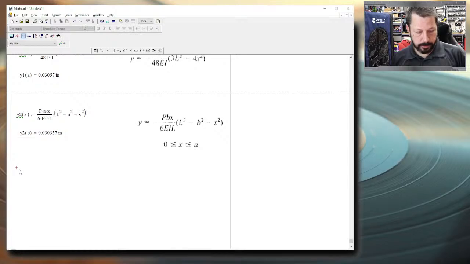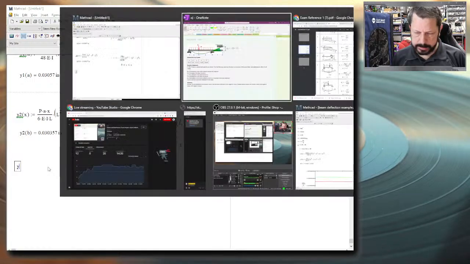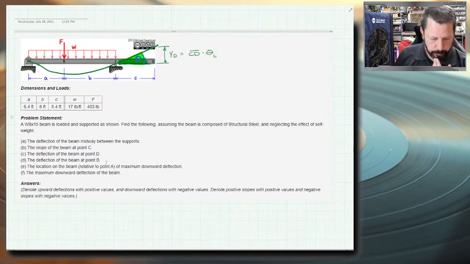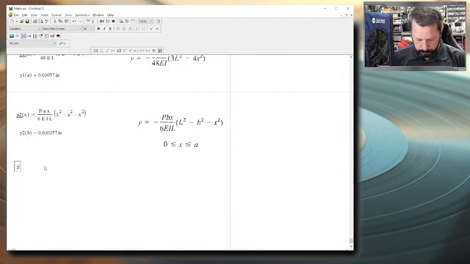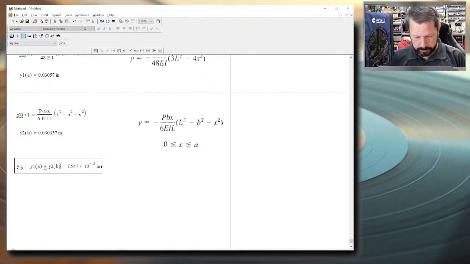All right, so the total Y total, is this maximum? What is this? Oh, this is at point B. So Y at B equals Y1A plus Y2 at B. What's that in inches?